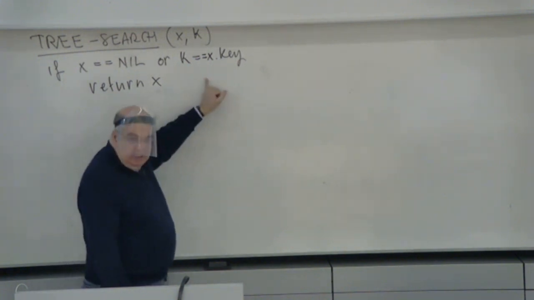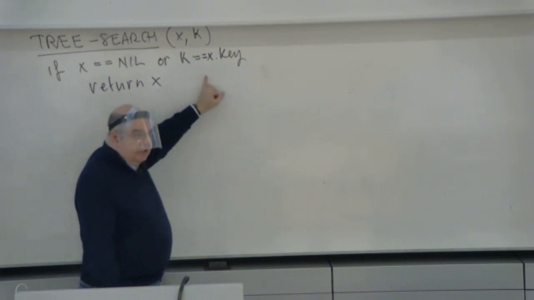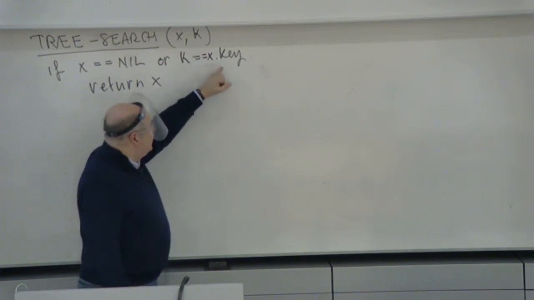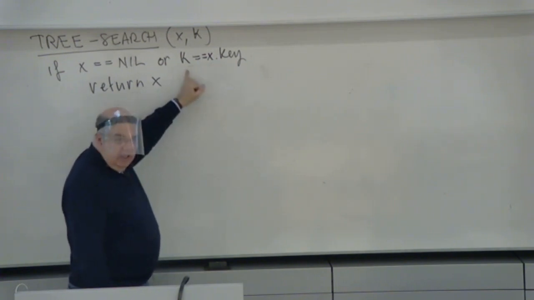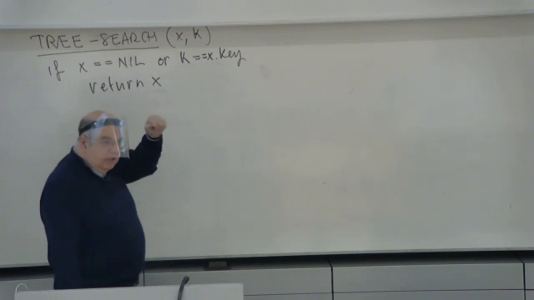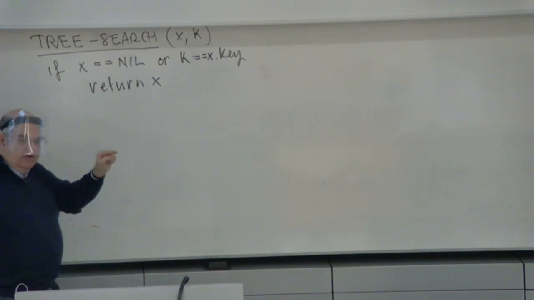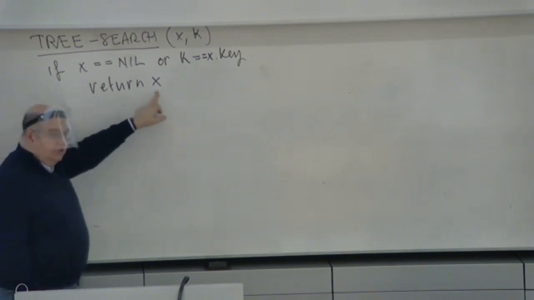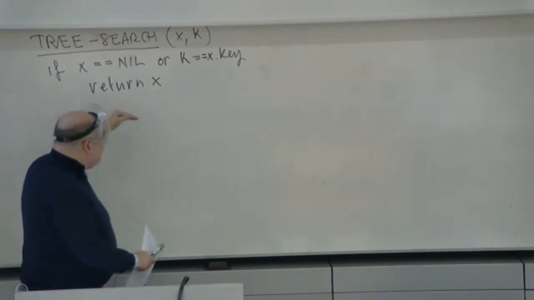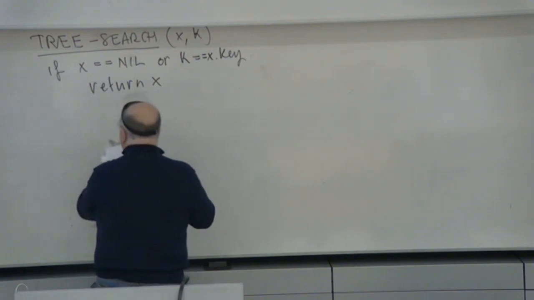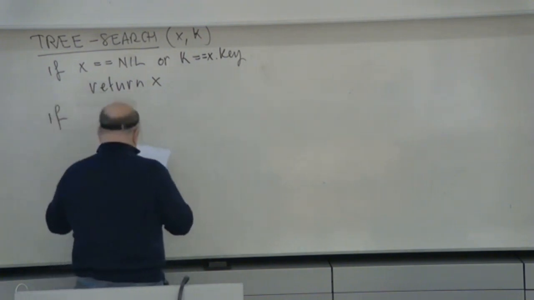In the other case, the positive one, you found the key equal to k, and so you return the node corresponding to the key. You're saying the key you are looking for is here, and you return the node.